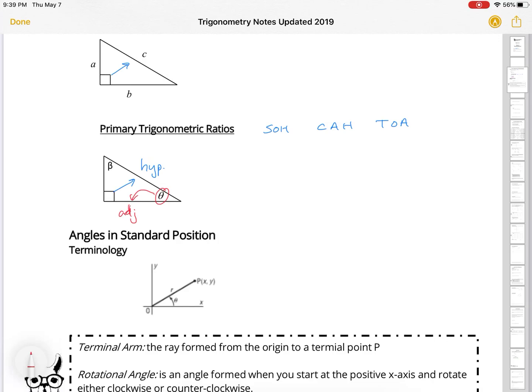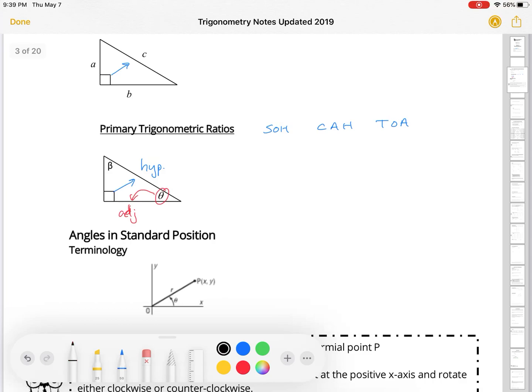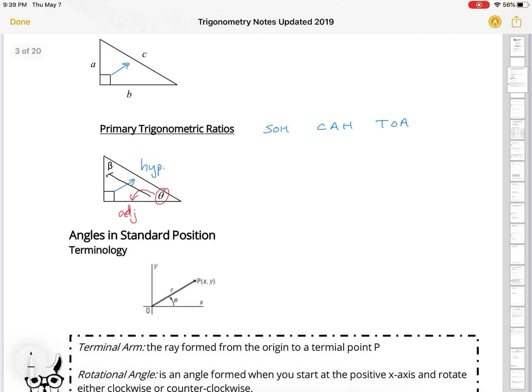The adjacent, if we're looking from angle theta, is right next to it. That's what adjacent means. And the opposite is across from that angle. Of course, if we were looking from angle beta, the opposite and adjacent would switch, because you have to think about which angle you're looking from.